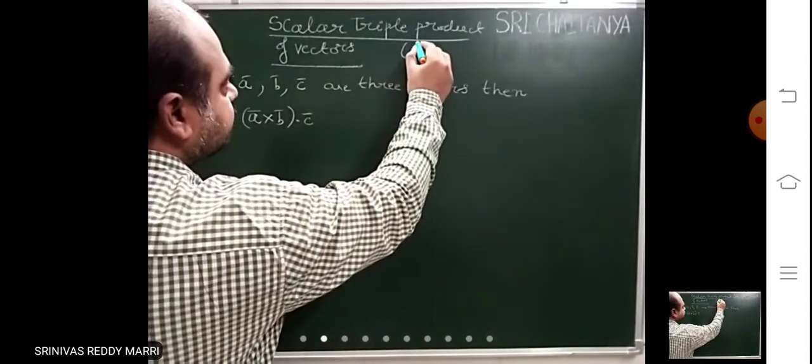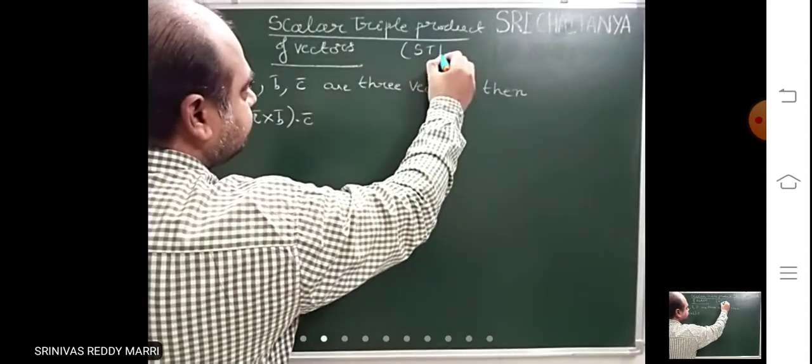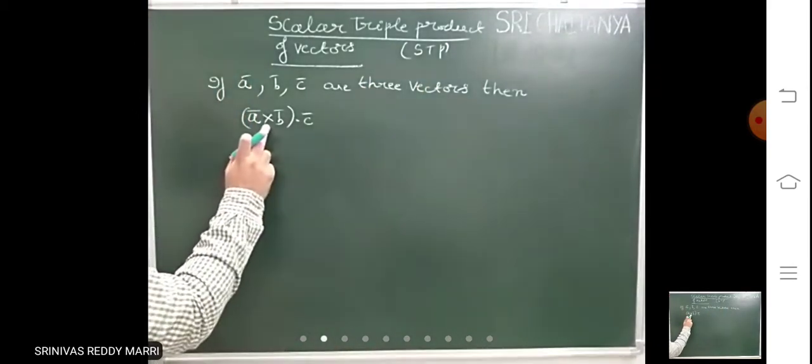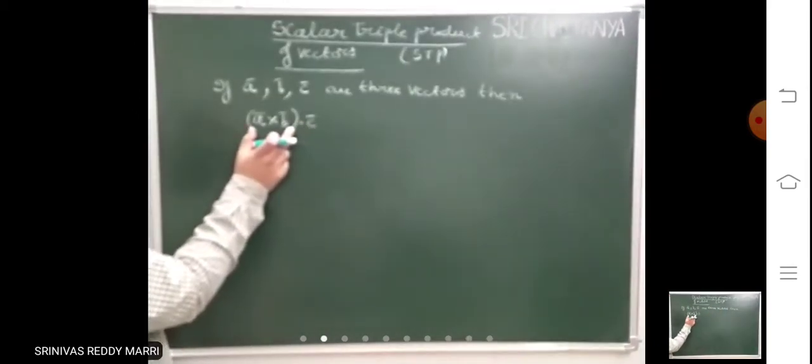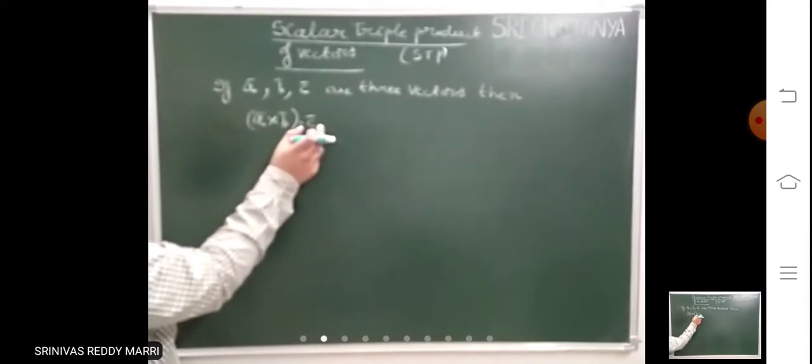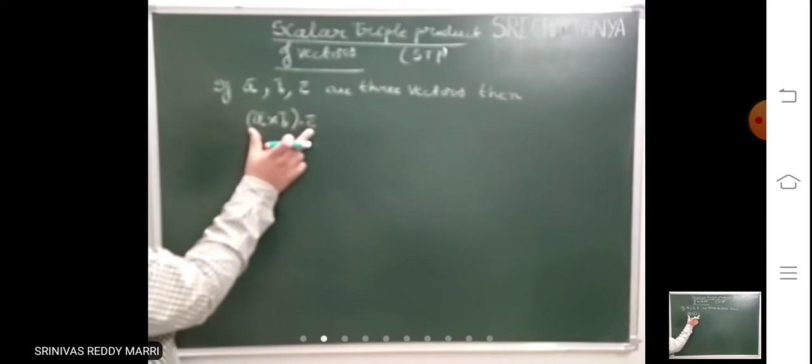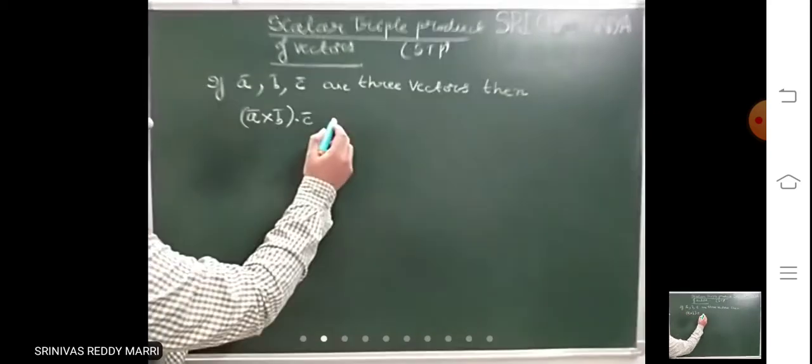Scalar triple product is denoted by STP. If you look at this, the cross product of this is a vector. Vector dot vector is what? This is a scalar. That means multiplication of three vectors which will result in a scalar. That's why it is called scalar triple product.